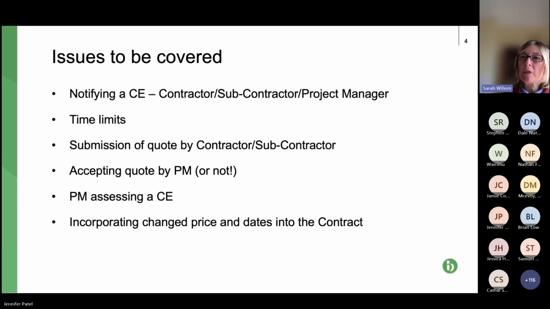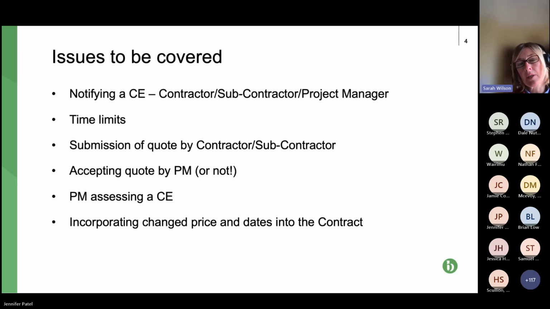This is just a notice, probably saying which CE it is, and possibly what the issue is, what's happened that means it's a CE. No need to cost anything or provide masses of detail. It is just a fairly brief notice. There are timescales, and we'll come back to that.